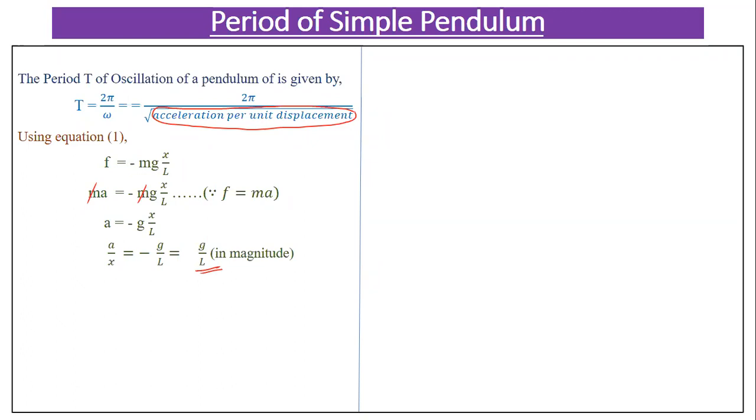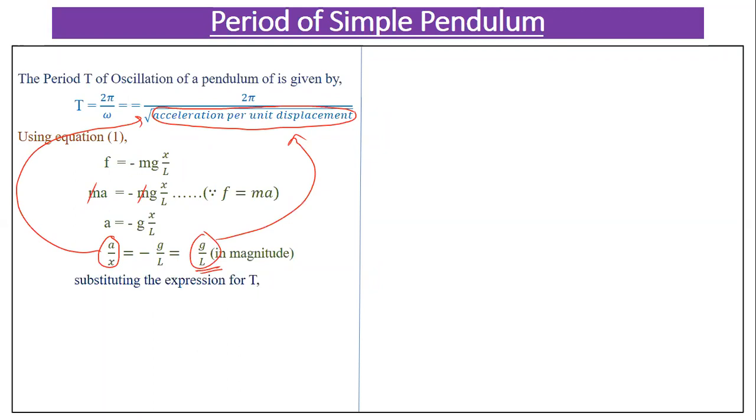So this a by x is acceleration per unit displacement, and we have to substitute this g by l here. We get the expression for the period of a simple pendulum.